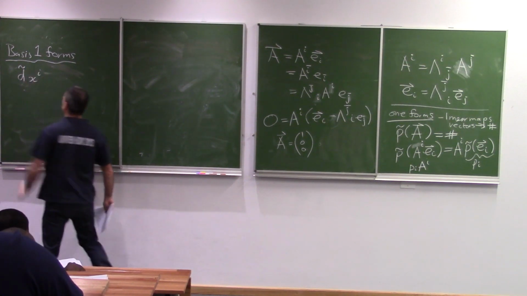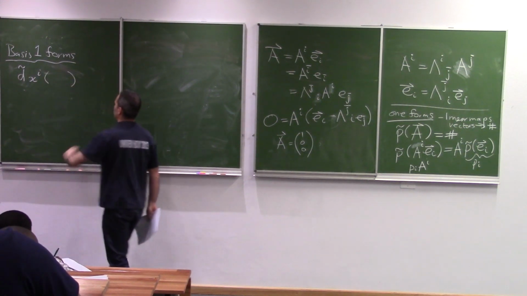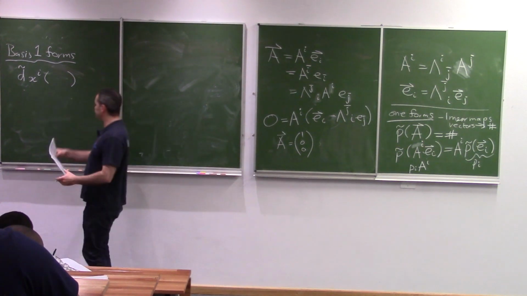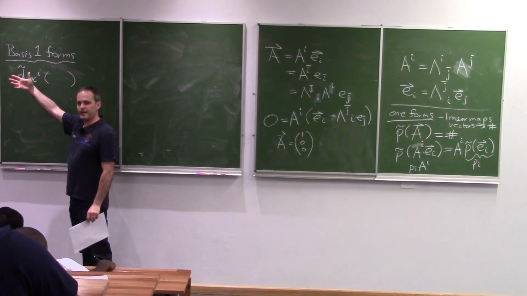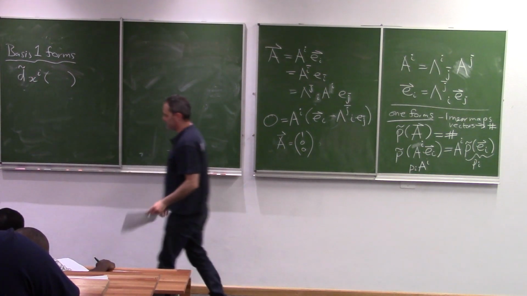It's got a tilde to denote that it's a one form, and it's going to eat a vector and give me a number, so I put a bracket like that. So this is actually a one form, it's not like the differential of x. It's a one form, that's why I've drawn a tilde to differentiate it.